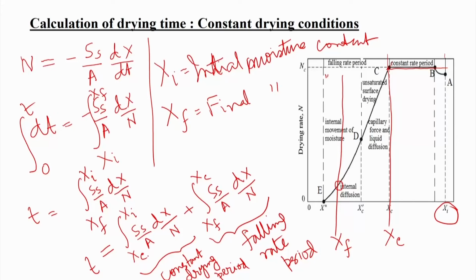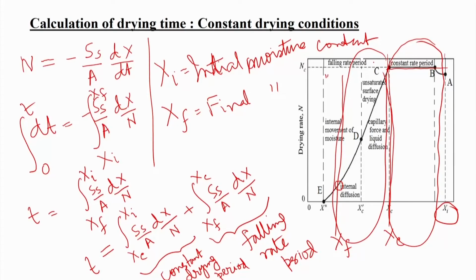So, if we integrate from xc to xi Ss by A dx by N, plus Ss by A dx by N integrating from xf to xc, we now have this divided into two different parts. Firstly it will be drying for this zone and secondly for this zone. Inside the falling rate period we may have two different drying zones, a first falling period and then a second falling period, and we can do that manipulation also.